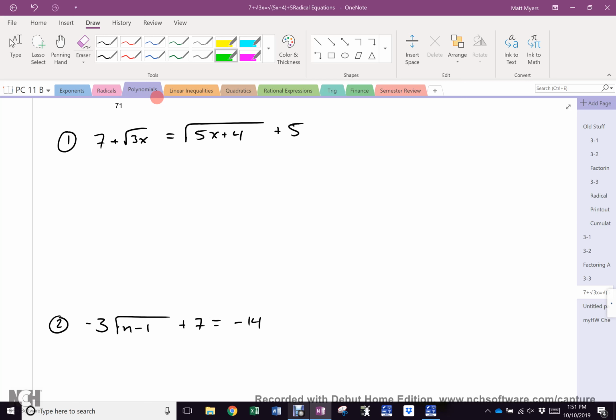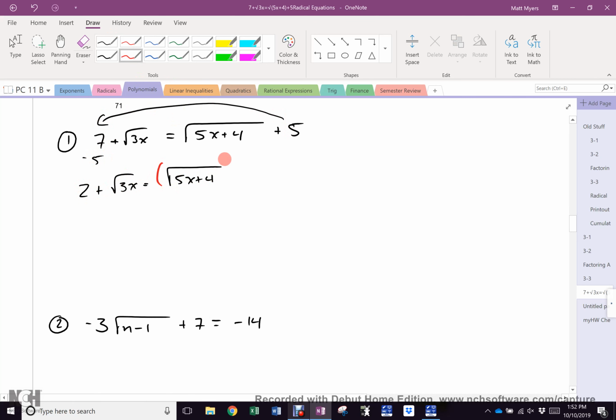All right. So if I'm going to simplify the green one first, I got to get rid of that 5, right? So I'm going to bring that 5 scooching all the way over to here, and what's going to become of that positive 5? It's going to be minus 5, and I'm going to have 2 plus root 3x equals root 5x plus 4. Now, I'm going to square.